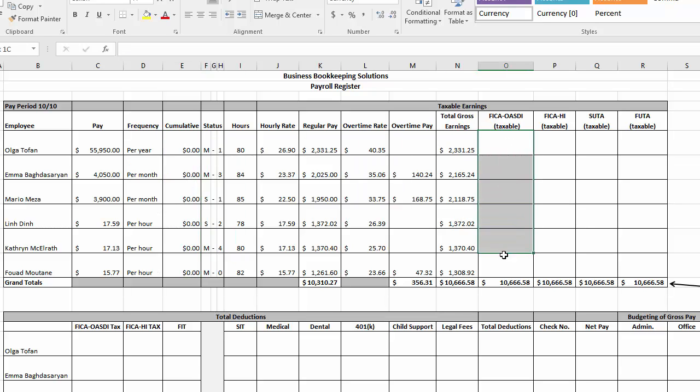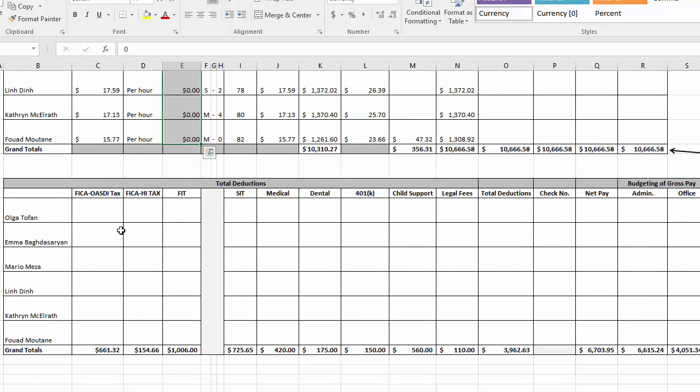Everyone's going to be fully taxable for OASDI. Medicare, also known as HI, for our purposes, everything is taxable. And then for SUTA and FUTA, you're going to have to check to make sure people's gross earnings plus their previous earnings, the cumulative, do not go over 7,000. So you have to tax just the amount under 7,000.